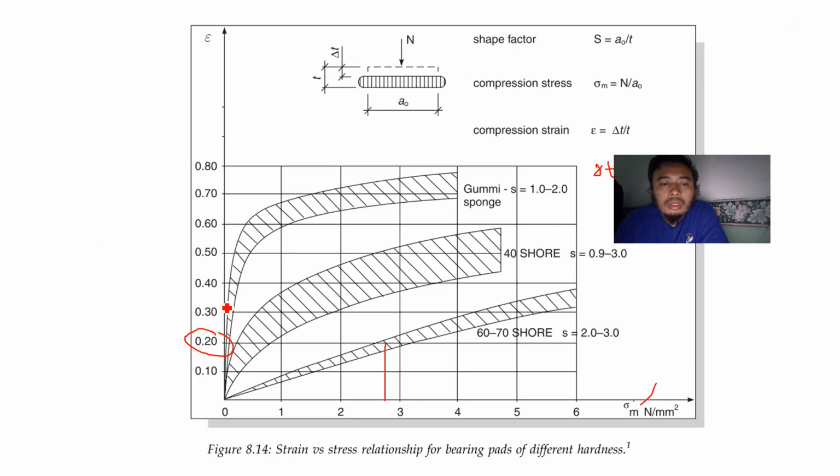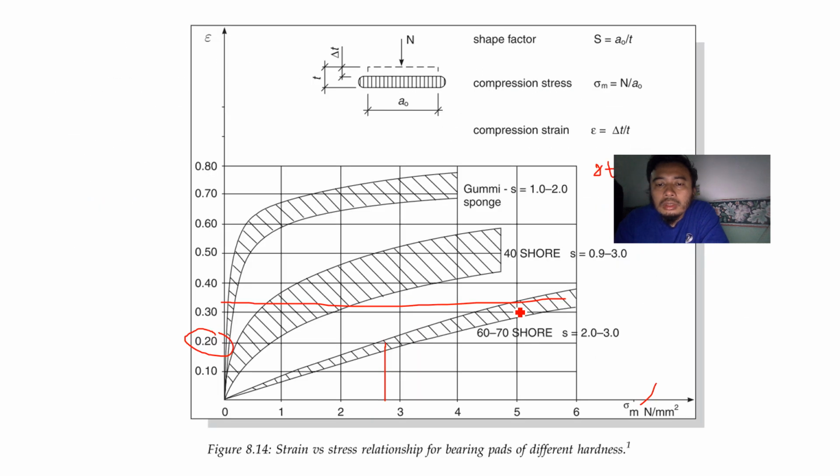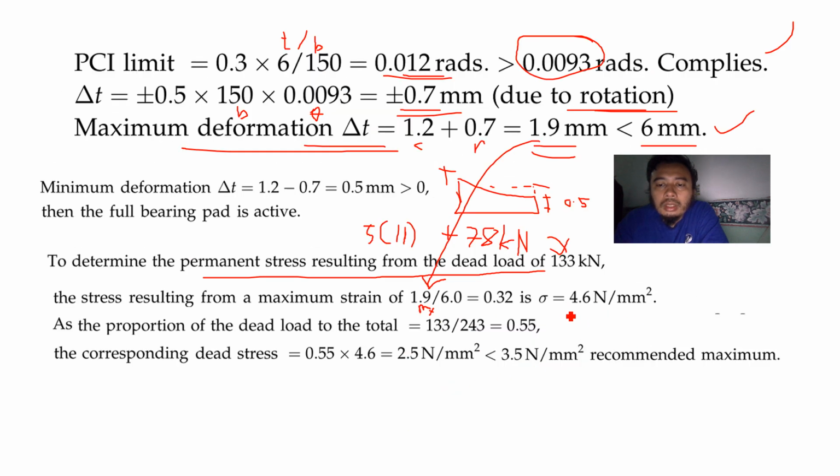So you get your 4.6 around here. So 4.6 is about the maximum compressive stress, and as the proportion of the dead load to the total, this is a proportion 0.55. This is total load. This is the dead load 0.55.